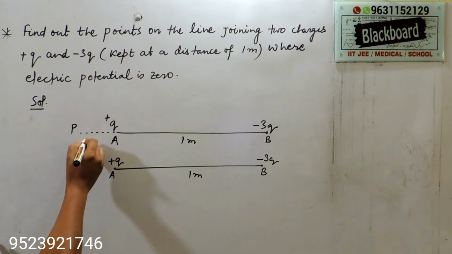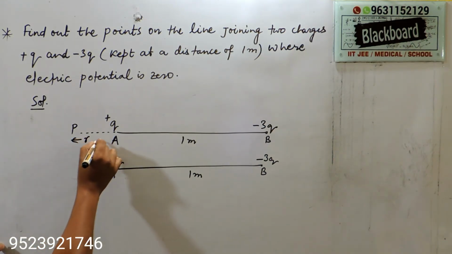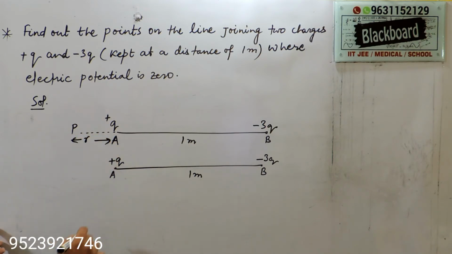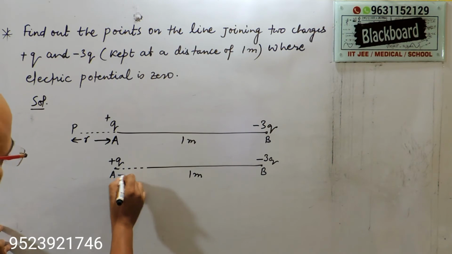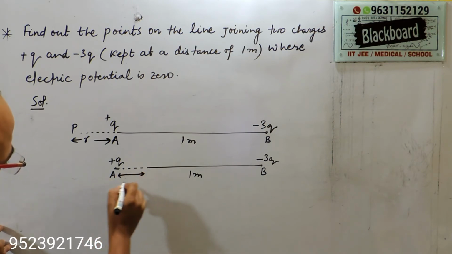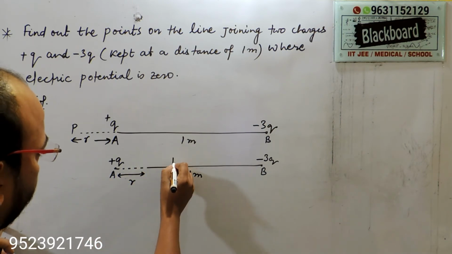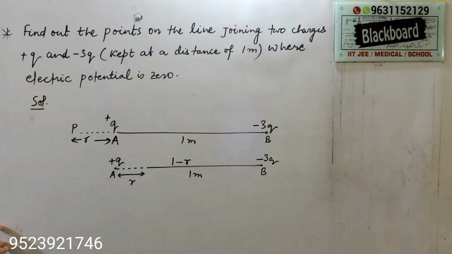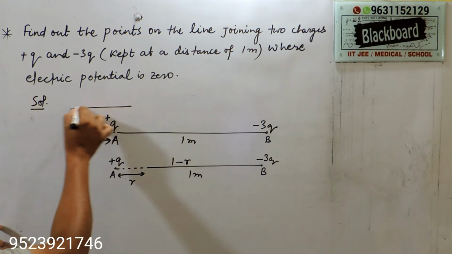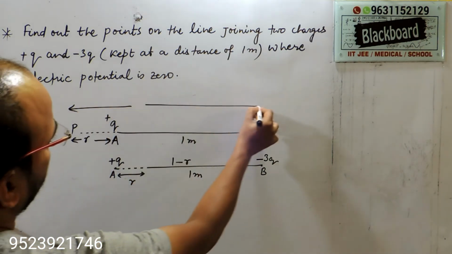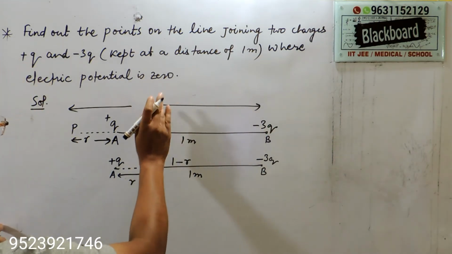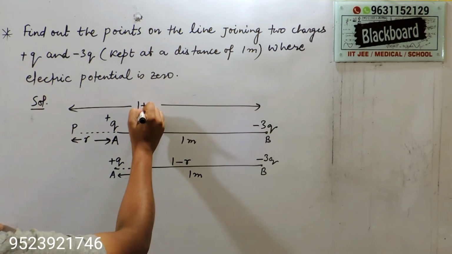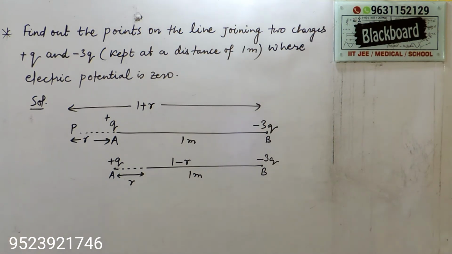Here let this distance be r, then this will be 1 minus r, and the whole distance will be 1 plus r.